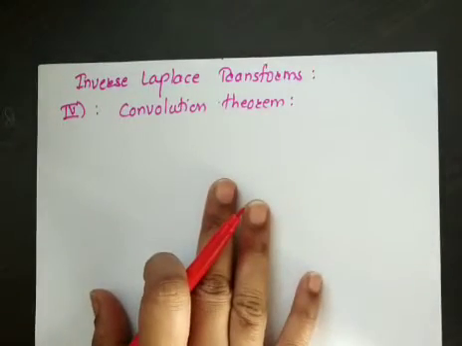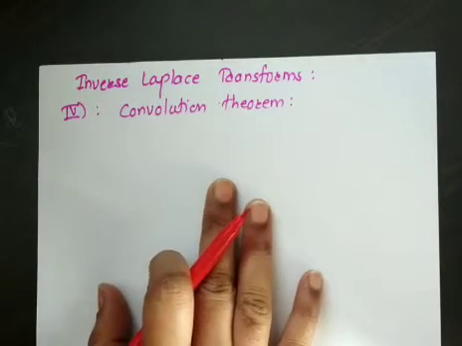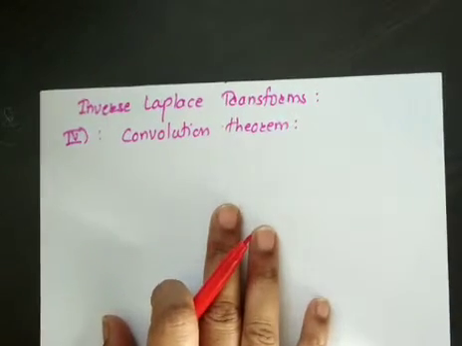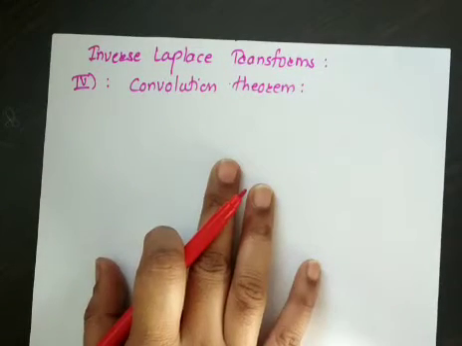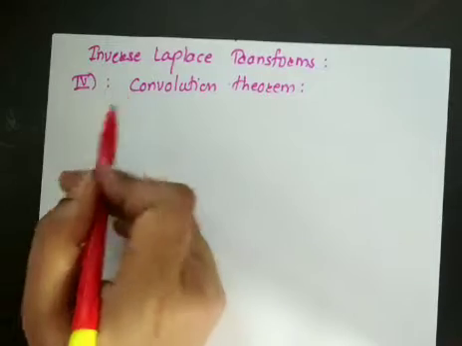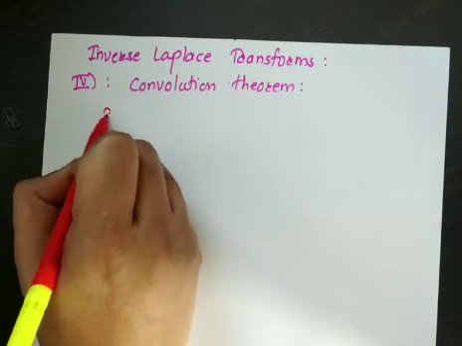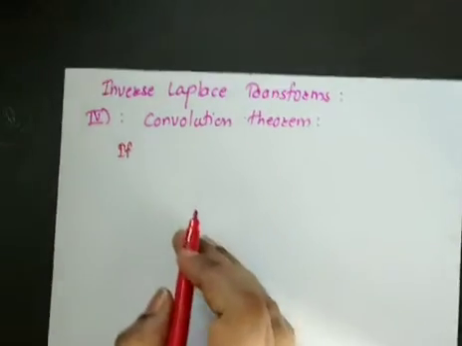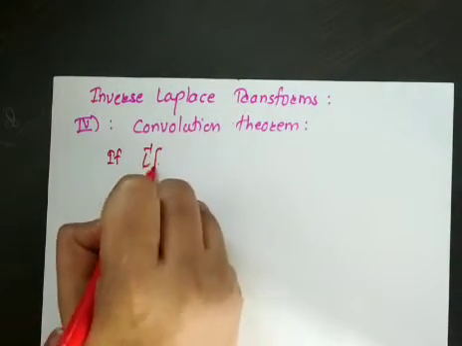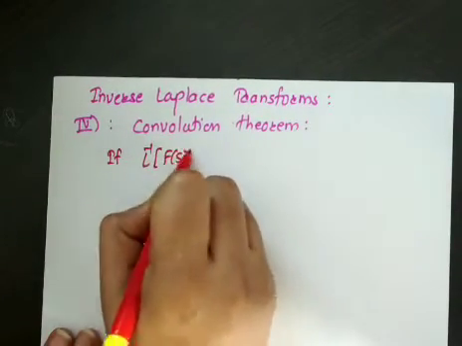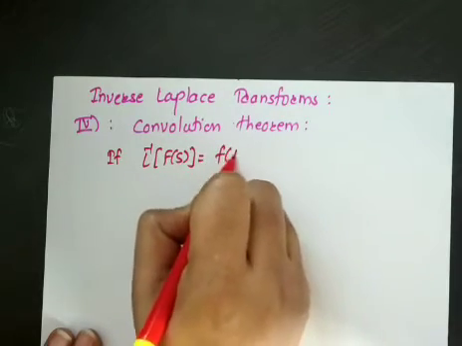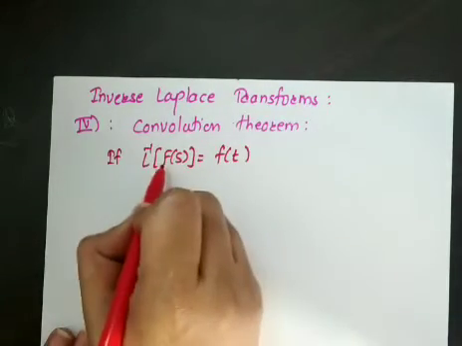Hello everyone. We'll see the next method to find inverse Laplace transform, that is the convolution theorem, a very important theorem. So the statement is, if Laplace inverse of f1(s) is f1(t), we need two functions here.